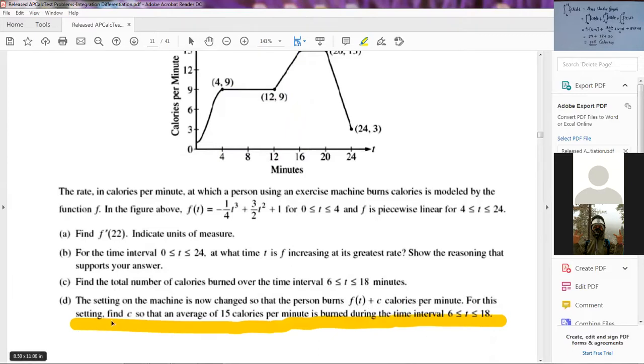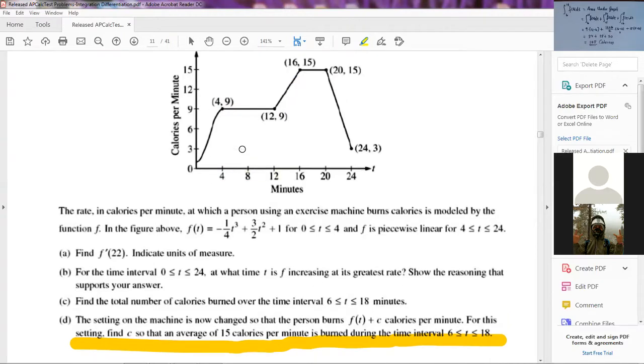For this setting, find c so that an average of 15 calories per minute is burned during the time interval 6 to 18. Okay, so again, the interval 6 through 18, correct? Again, the same interval.